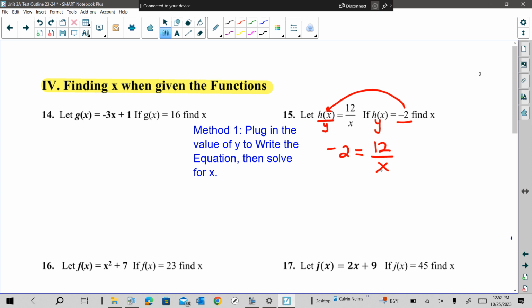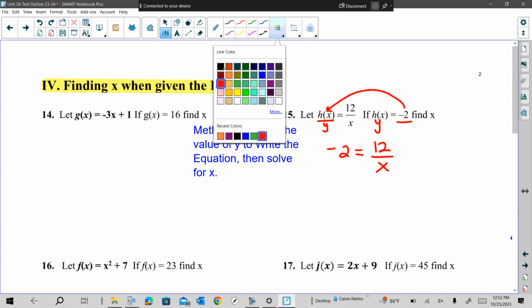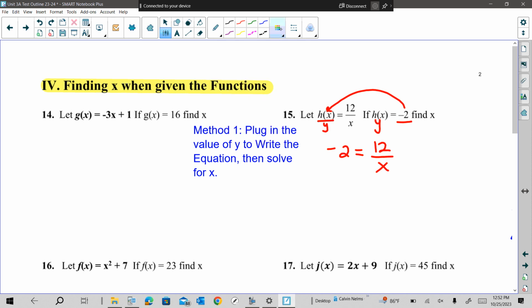So to solve this, who recalls the method we should use, because we have a constant over a variable? Multiply by the reciprocal. There's a faster way. See how we have a ratio here?